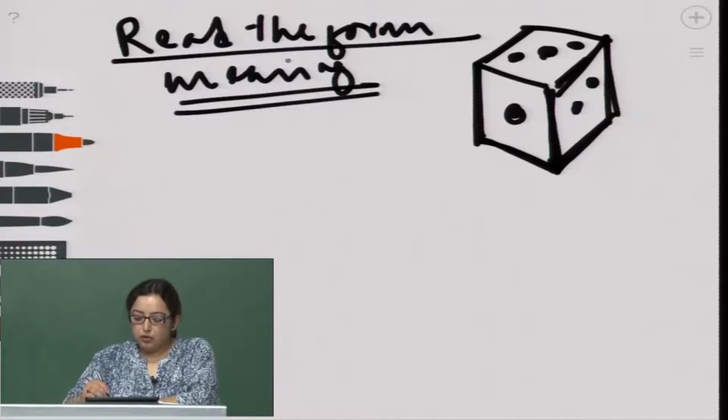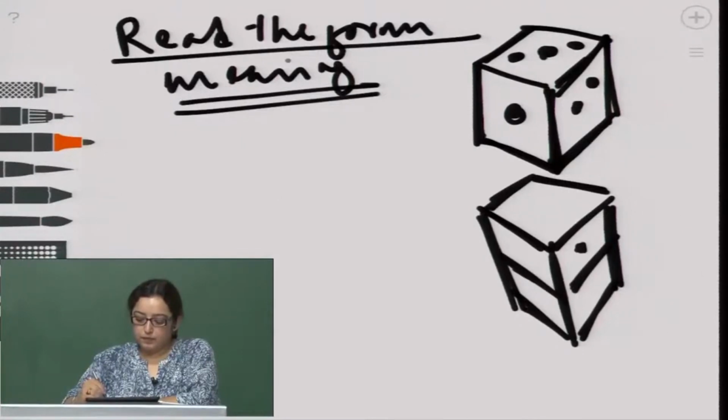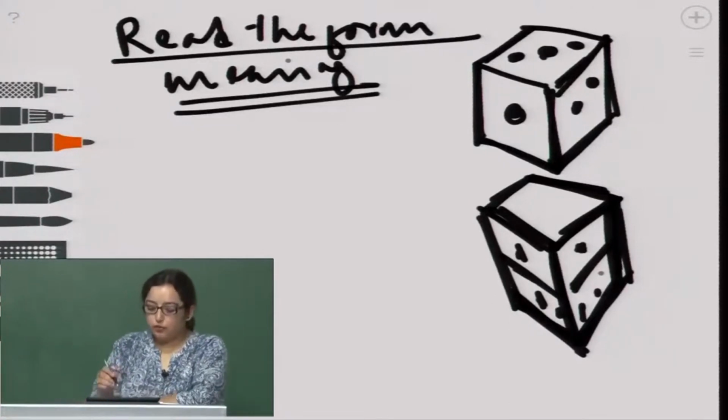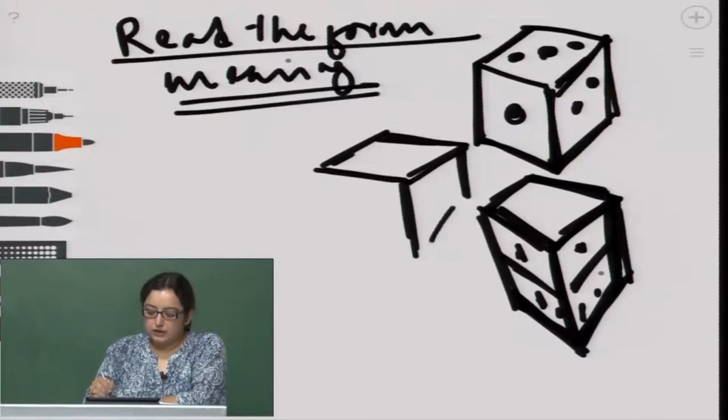A cuboid can be also associable with an open book or a building. It can be associable with a pen stand or just a simple box.